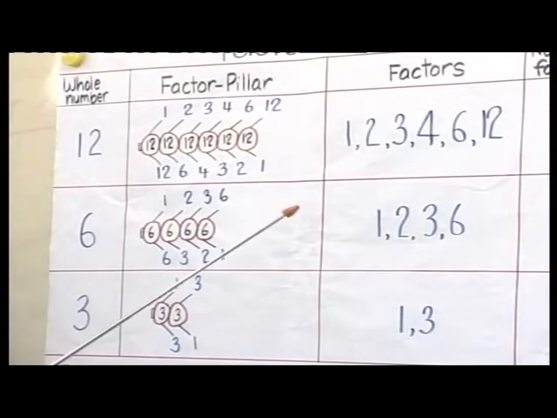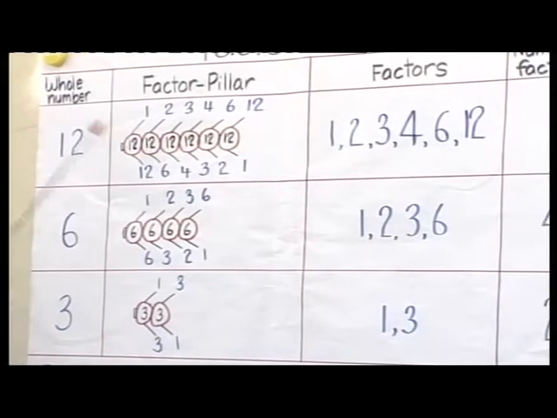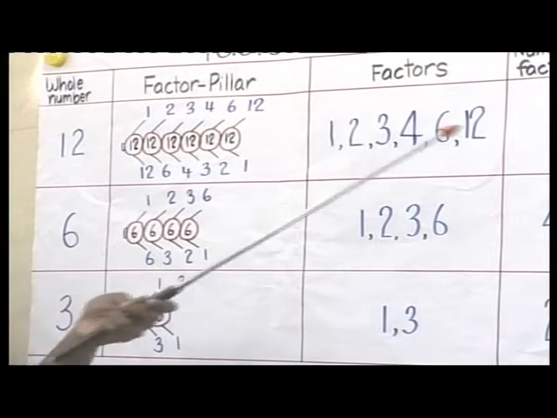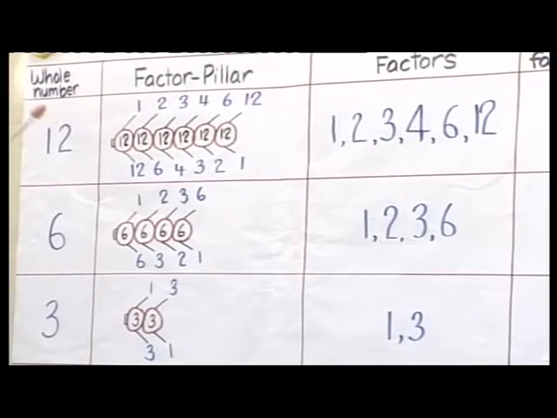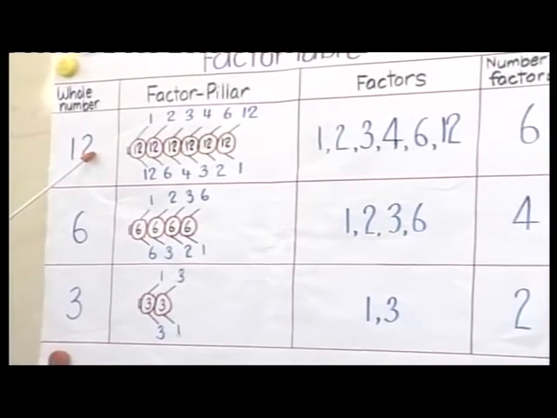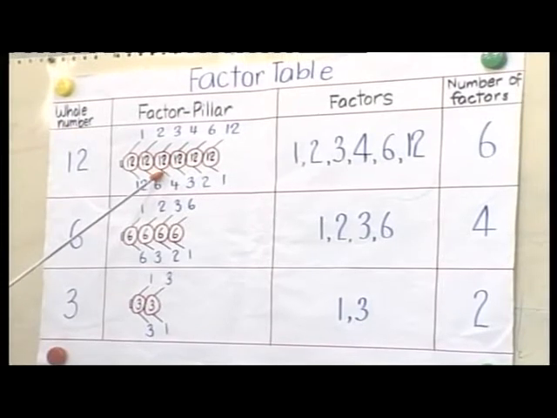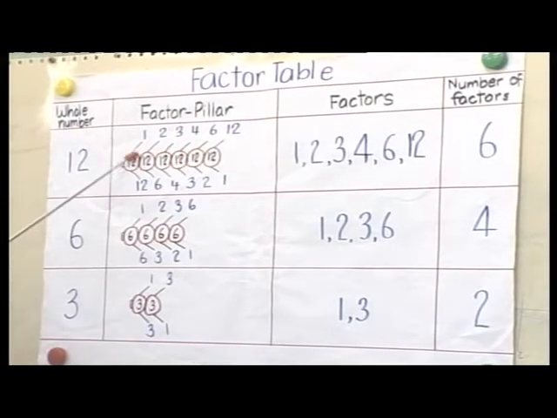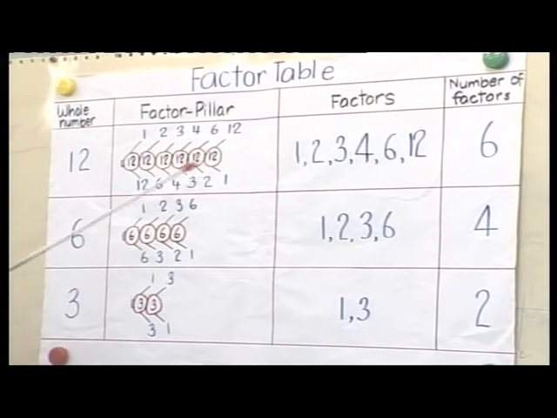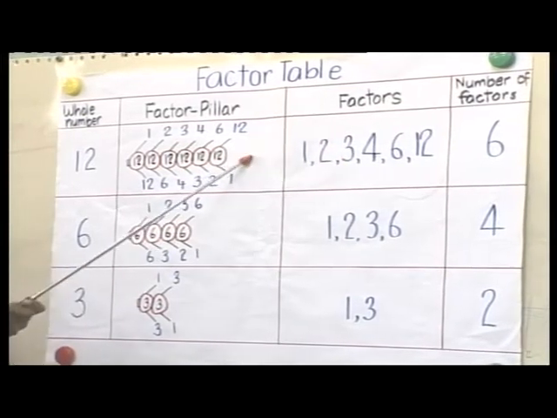So this table clearly explains everything. You have 4 columns. The whole number, which is 12. Then you have the factor pillar, using a factor pillar for 12. And this is how you identify the factors.